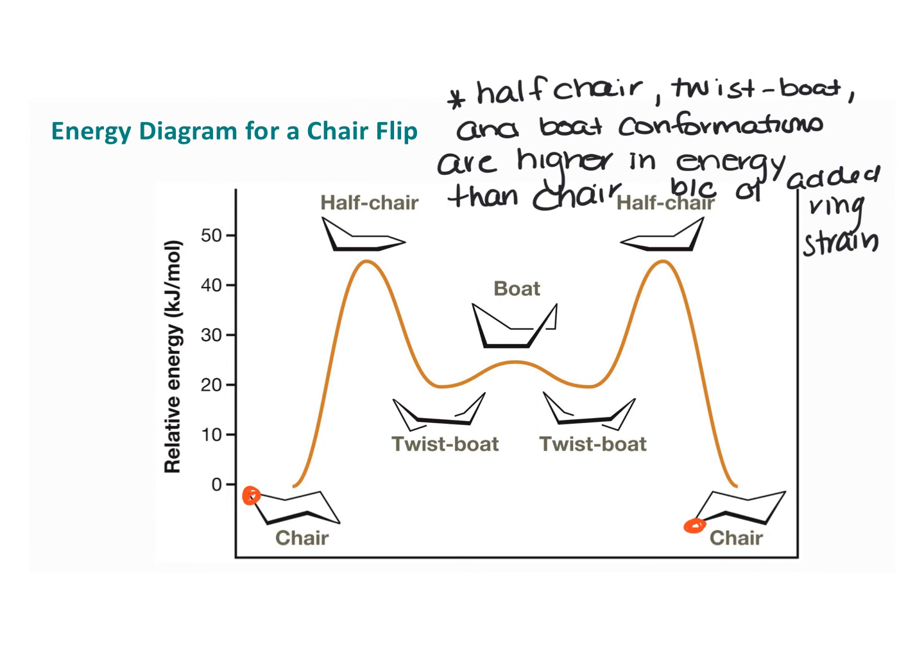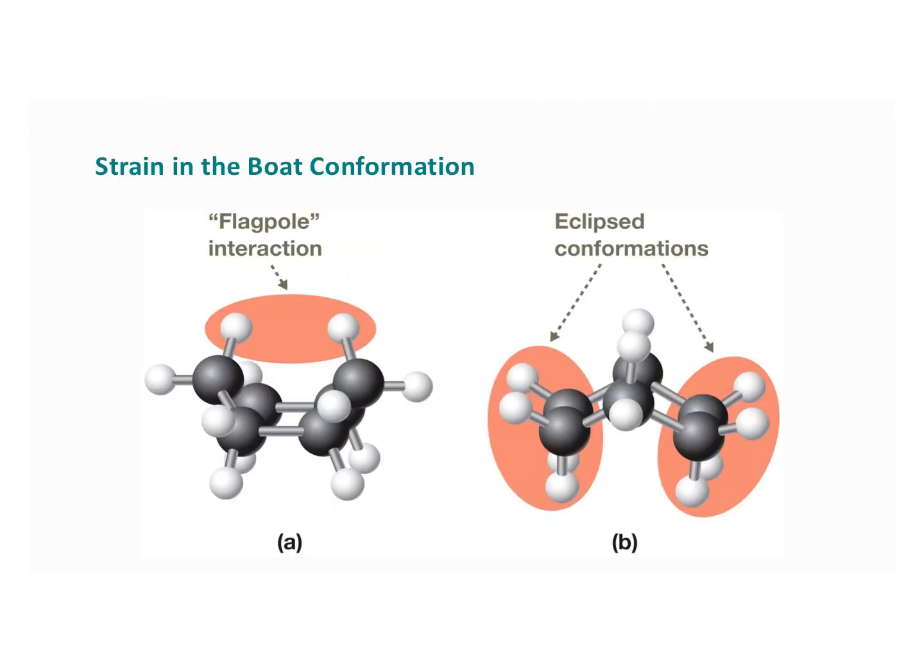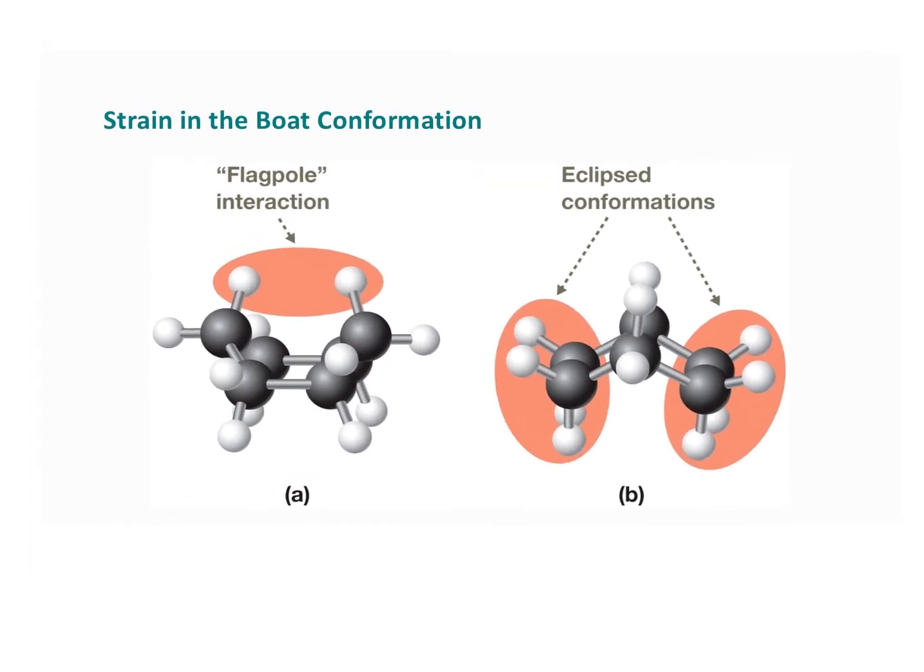So I want us to talk about where some of this ring strain comes from. And so I want us to take a closer look into the boat configuration. So here is our boat configuration. What you're going to see here is this carbon right here and this carbon right here are pointing up.